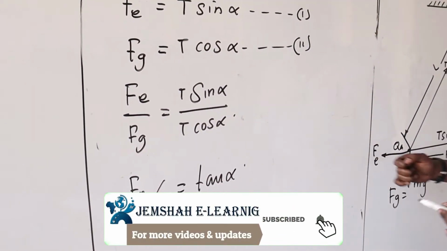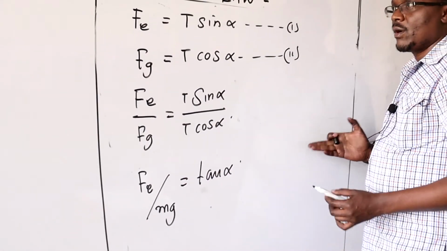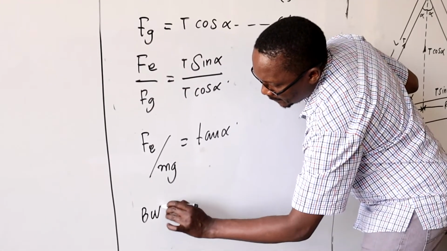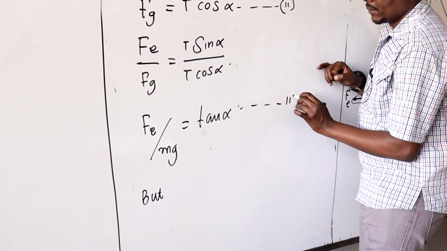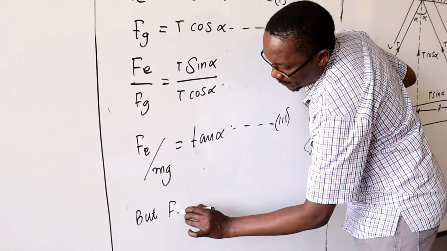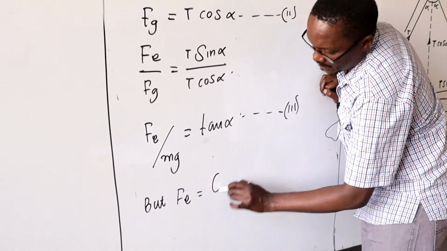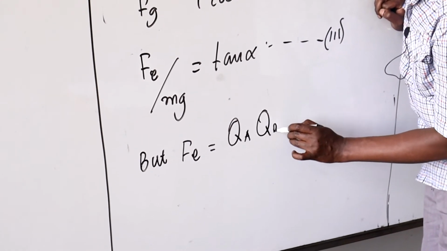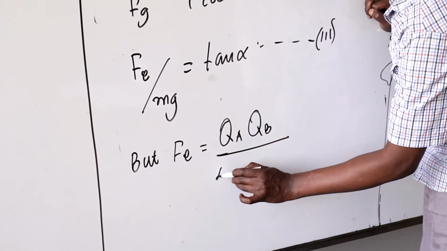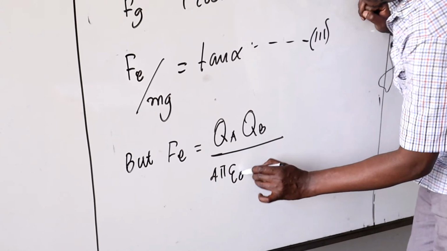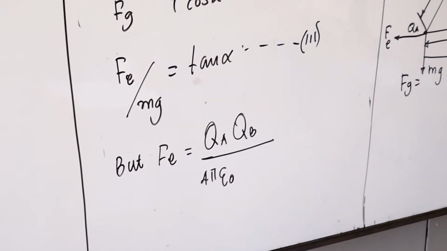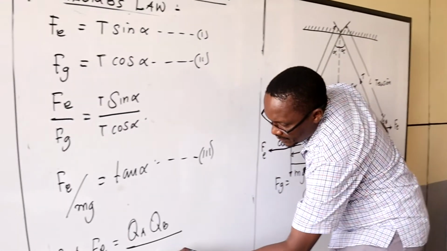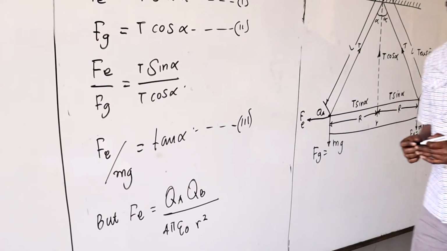Still we know that Fe, from our Coulomb's law, because it is an electrostatic force, is the same as QA QB all over 4 pi epsilon naught, and the distance of separation between these two charges is small r, which is r squared.